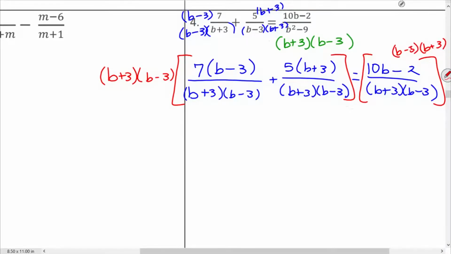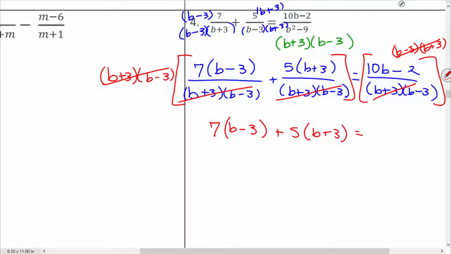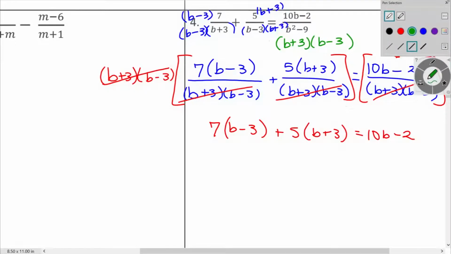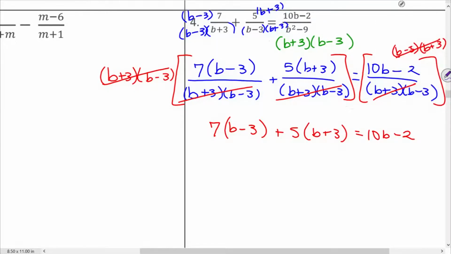If we do that, this cancels with this, and this cancels with this. And what I get is 7 times b minus 3 plus 5 times b plus 3 is equal to 10b minus 2. And from here, hopefully you're pretty comfortable solving problems like this.